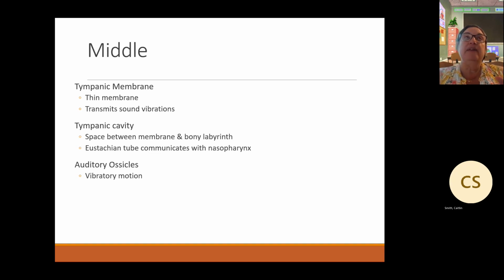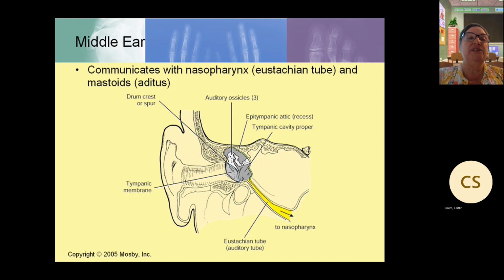Past the tympanic membrane is the cavity, and that's just the space between the membrane and what's termed the bony labyrinth. And that's where the eustachian tube communicates with the nasopharynx for drainage. And you have the auditory ossicles within there. So here's a picture of the nasopharynx and the eustachian tube.